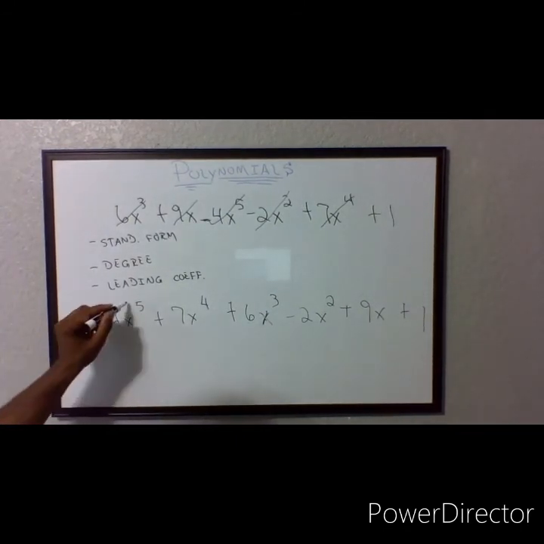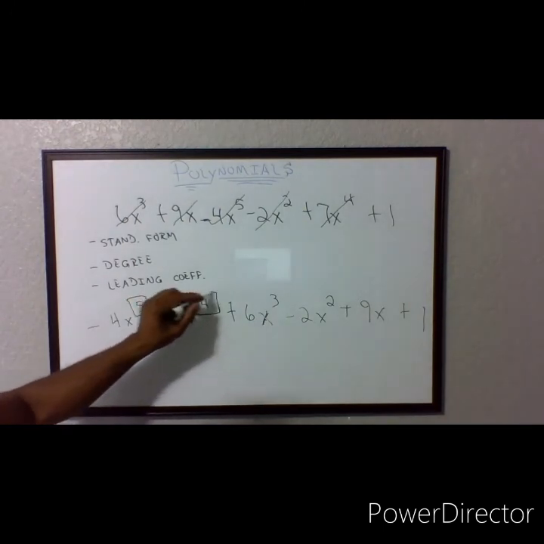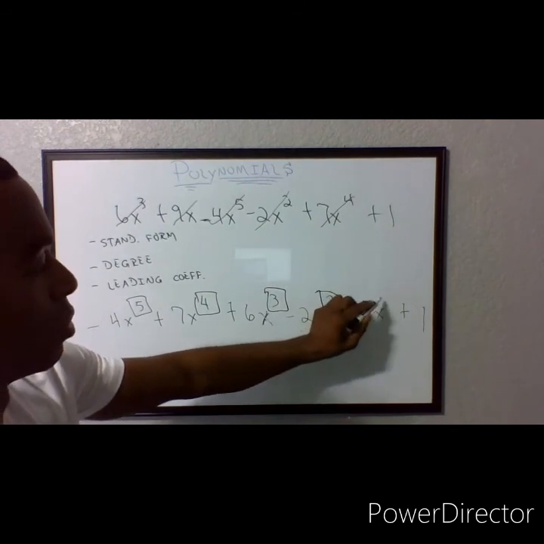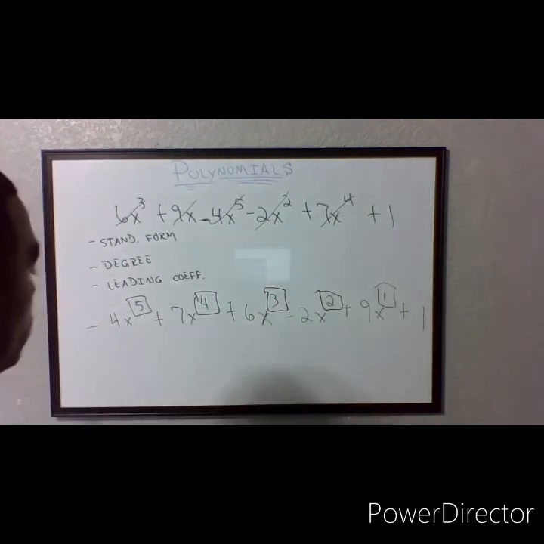The next thing we're going to do is identify the degrees. The degrees are again these numbers, and you should know them because you ordered the terms in standard form.